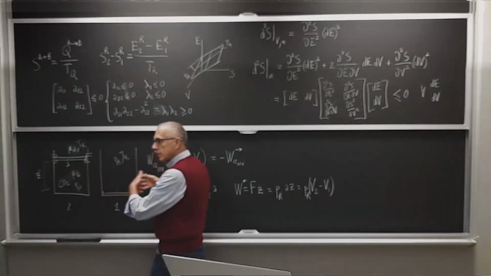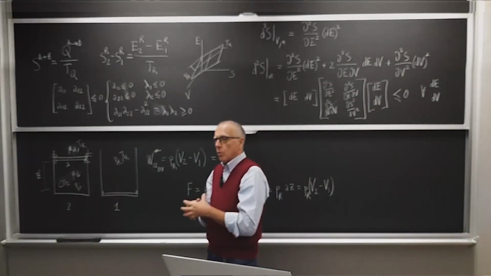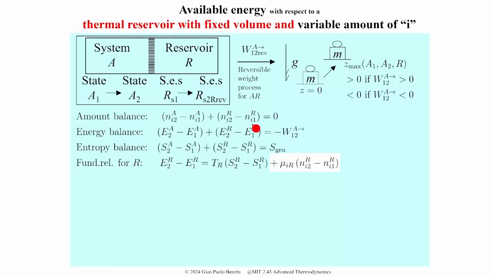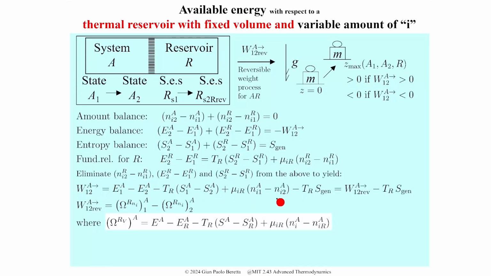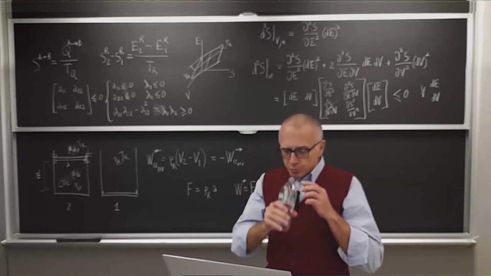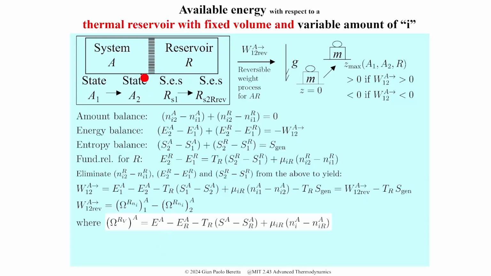You could also evaluate the efficiency by comparing it with the minimum work that is required, and the minimum work that is required is given by this formula here. So there is again another available energy property for this particular kind of osmotic reservoirs.